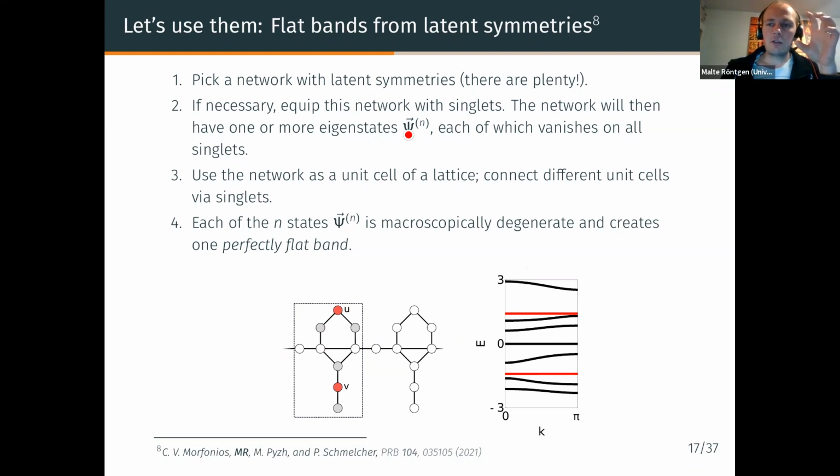They are exact solutions of your full Hamiltonian, where everywhere else outside of this particular unit cell, this vector is just exactly 0. And then you will have one of these eigenstates for each of your unit cells. All of them have the same energy. You have macroscopic degeneracy. And as a result, you can superpose them for any crystal momentum k, and you will always get this flat band structure.